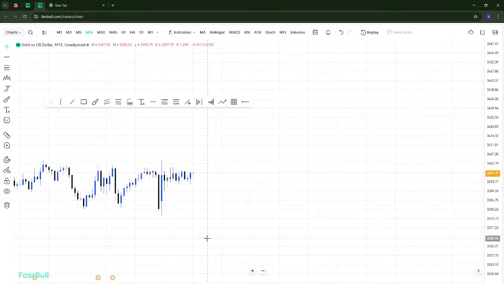After that, I'll go to the daily. I'll mark my key resistance and support levels, or you can just call them my daily zones. I'll draw them out, and then I'll also check during the day. For example, if it's Monday, I'll check whether we have taken out the previous day high or low and whether we have the right confirmations.